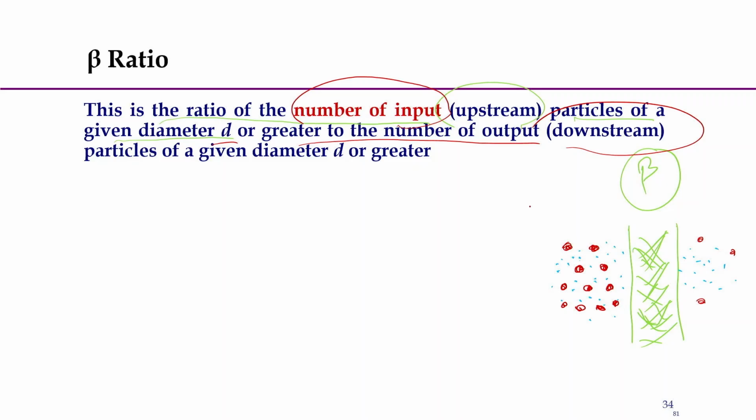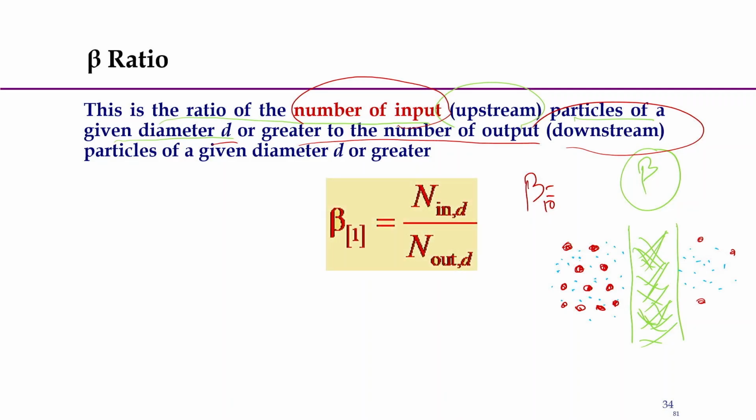Now, for the beta ratio for 10 micron, if we try to calculate, you can see the number of input is 1, 2, 3, 4, 5, 6, 7, 8, 9, 10, 11 by, say, 1, 2, 3.